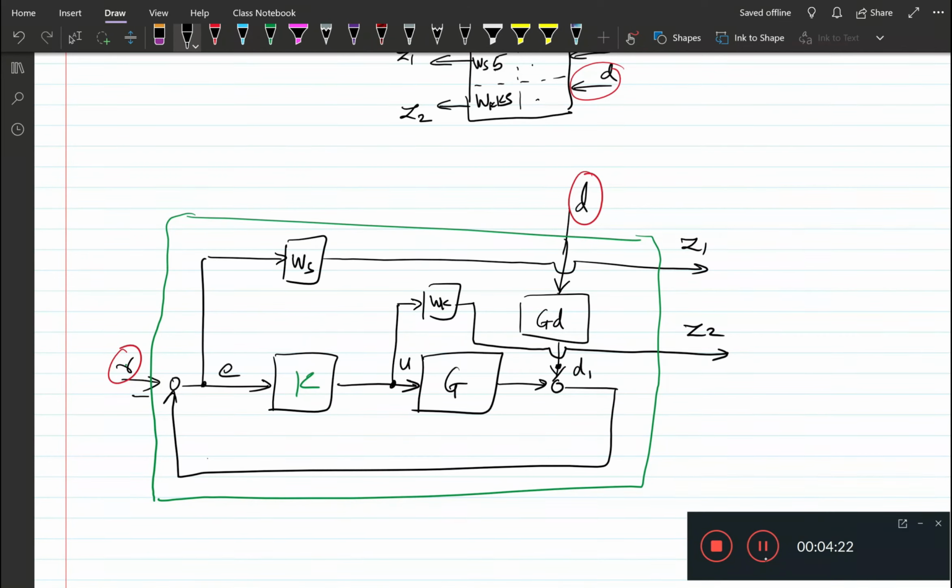We have E is equal to D1, minus E, because of this minus sign, minus GKE.